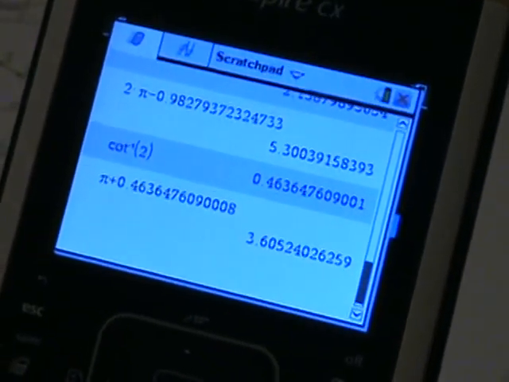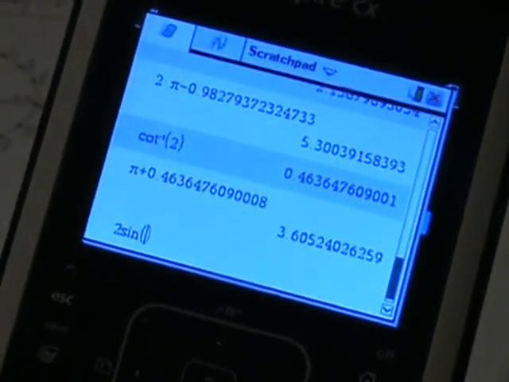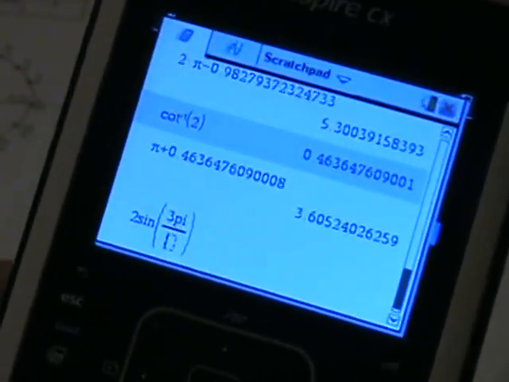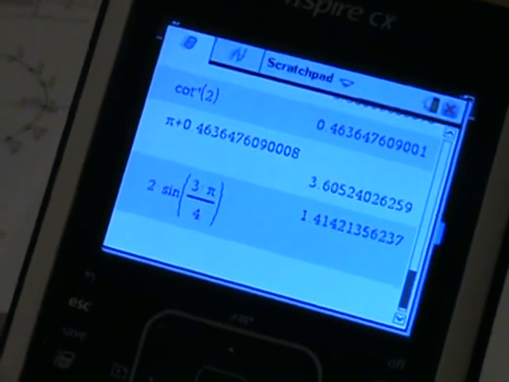Let's try it. Here we go. If I plug 3 pi over 4 into the left side, that's the decimal that I get.